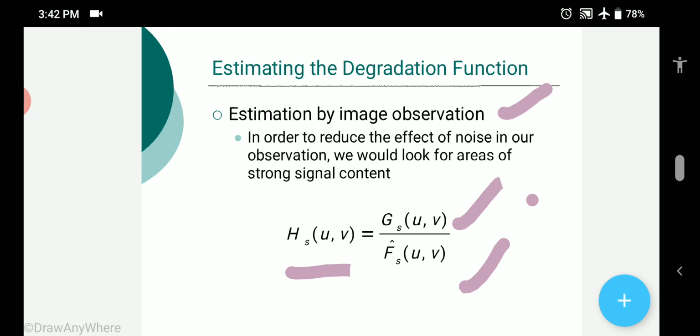From the characteristics of this function, we can deduce the complete degradation function H of u comma v based on our assumptions of position invariance.